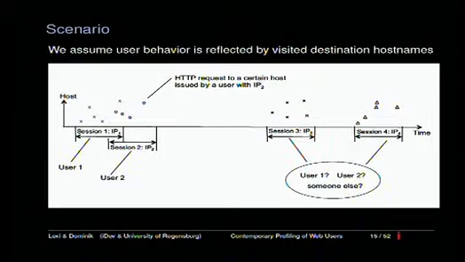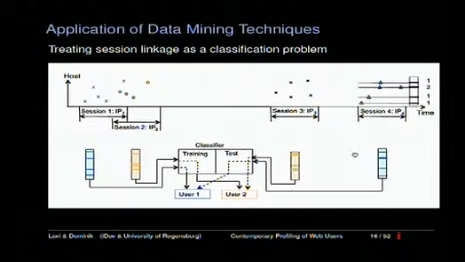At a later time, you're observing two other IP addresses, IP 3 and 4, and the attacker questions now: is it user 1 session 3 or user 2 session 3, or user 1 session 4 or user 2 session 4, or is it someone else, someone totally different?